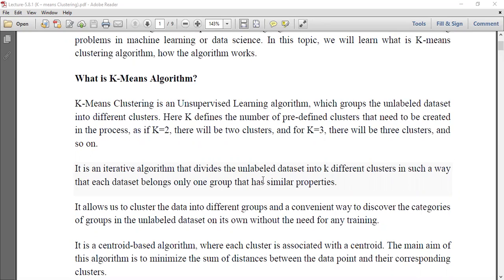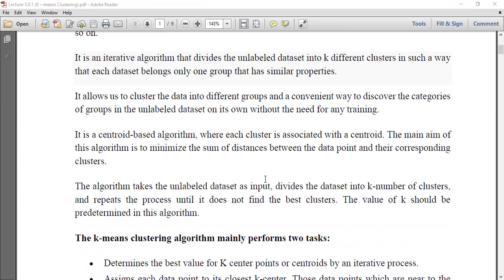It allows us to cluster the data into different groups and is a convenient way to discover the categories of groups in the unlabeled data sets on its own without the need for any training. It is a centroid based algorithm where each cluster is associated with a centroid.